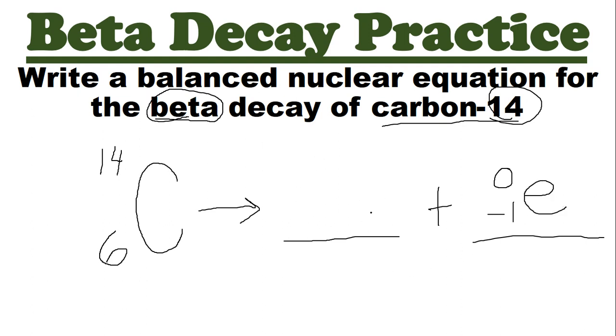All right, in the next one, we're going to write the new information from the decay. When we do beta decay, the top number, the mass number, stays the same. You just transfer it over. The bottom number, you're going to add 1 to. So 6 plus 1 is 7. Now that we have a new atomic number, we have a new element. Look at your periodic table. What element is 7? That is nitrogen. And this is beta decay.